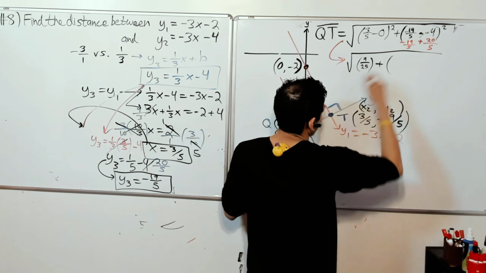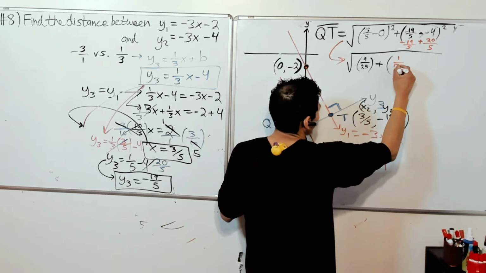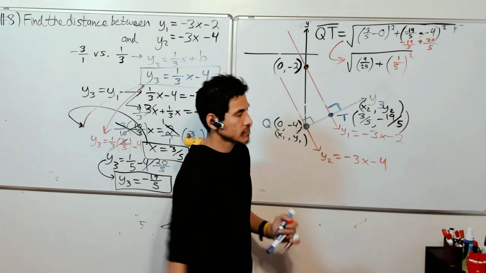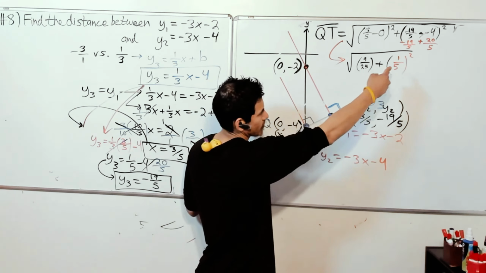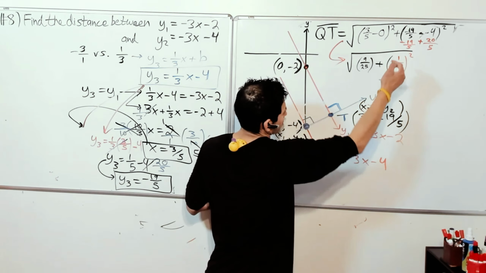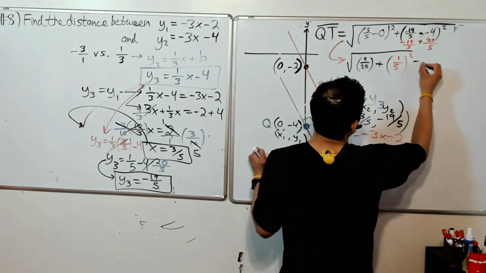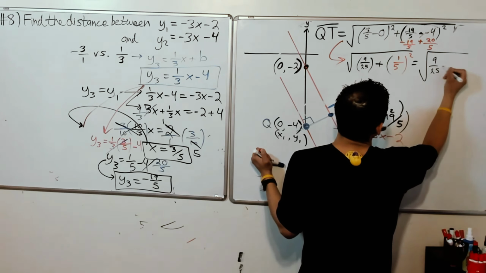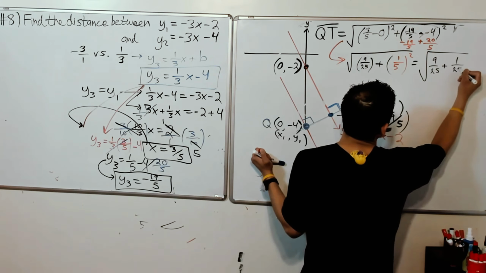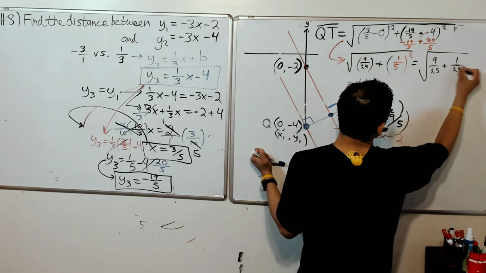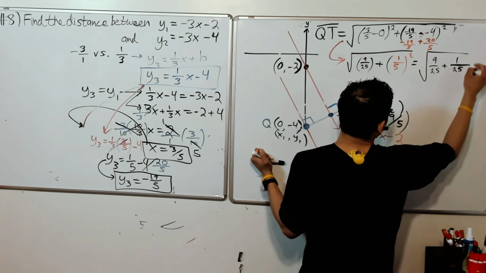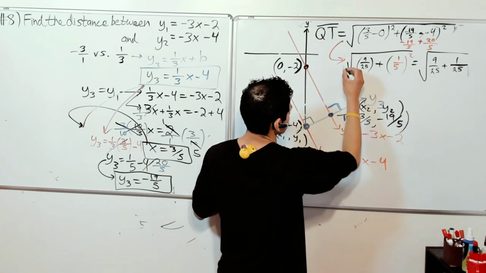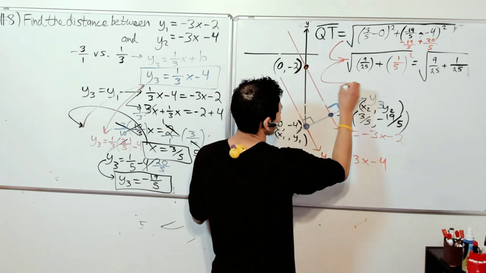So it becomes just 1/5. And then we just have 1/5 squared there. So 9/25 plus 1/25, because 1/5 times 1/5 is just 1 over 25. And then we just got 10 over 25 underneath there.